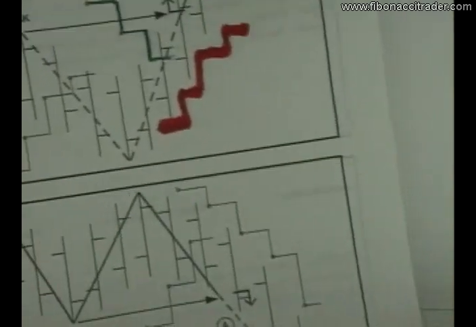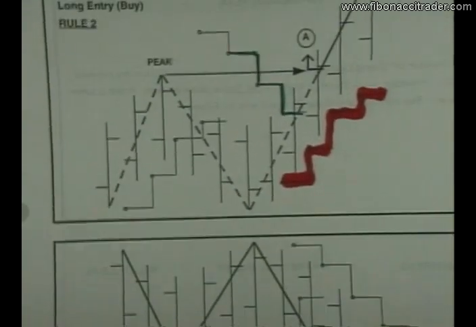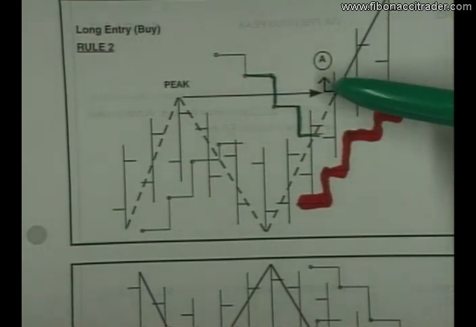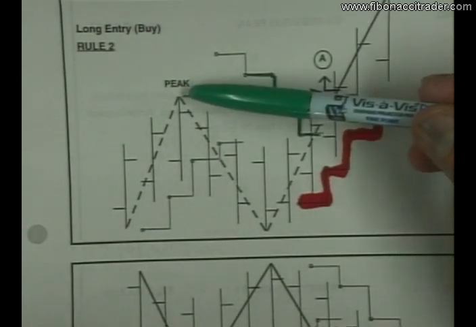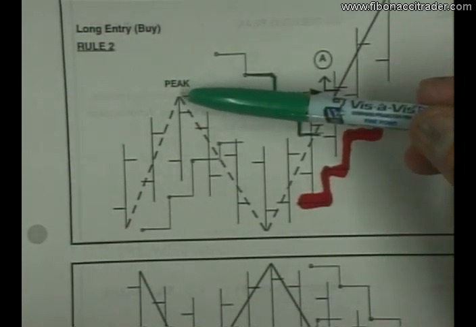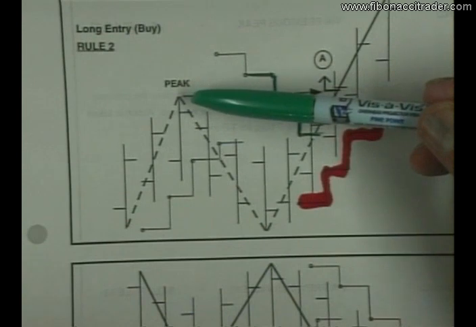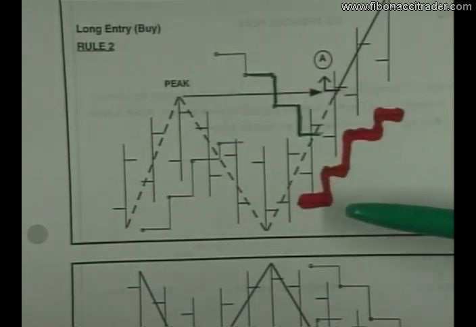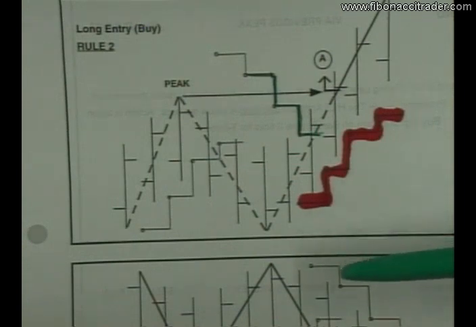What does the wording say? The wording says, excuse me, I'll do the little thick side, but at least you can see what I'm talking about. Buy on bar A when the price surpasses the previous peak, providing the high-low activator sell stop is below the bars.